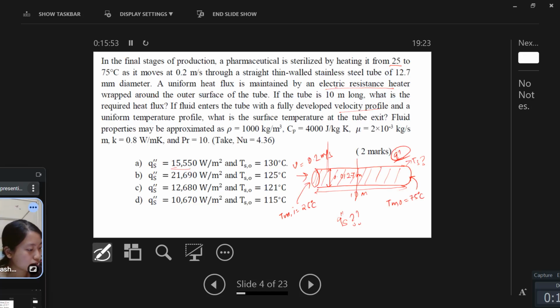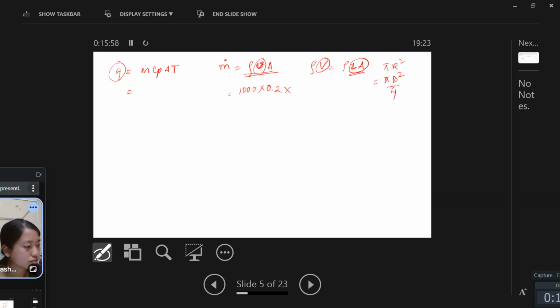So 3.14 into d, given as 0.0127 squared by 4. How much does it come to? It will come to around 0.025. Okay, now you input this m here.